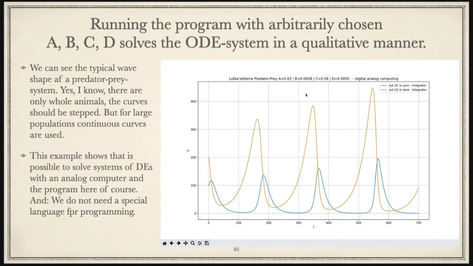Yes, I know there are only whole animals. The curves should be stepped, but for large populations, continuous curves are used. Not our problem here. The example shows that it is possible to solve systems of differential equations with an analog computer and the program. We do not need a special language for programming.